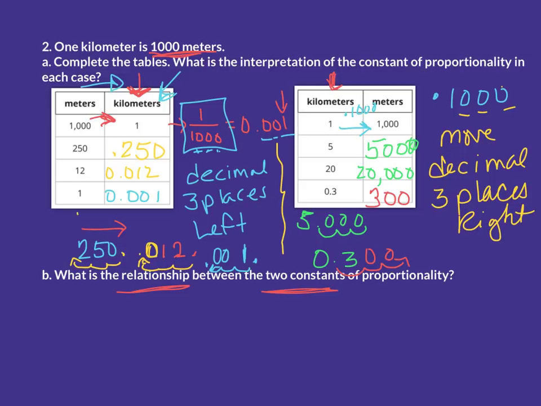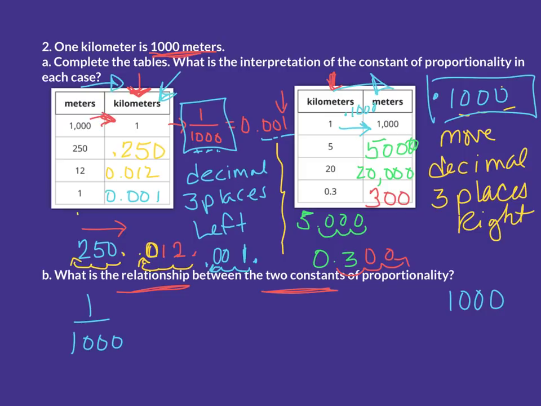So the constant of proportionality in this one was 1/1000. And in this case, again, when we went from left to right, we multiplied everything by 1000. So the constant of proportionality was 1000.